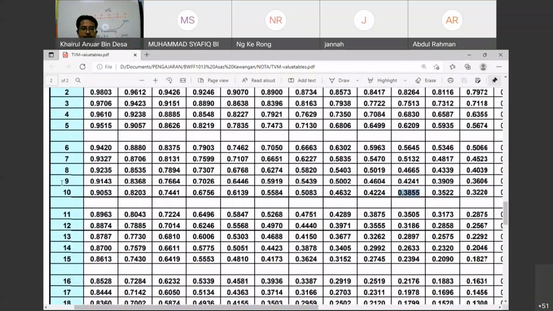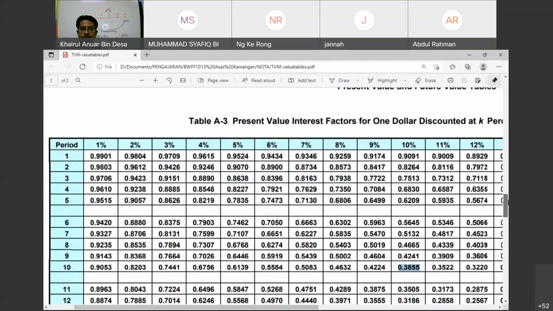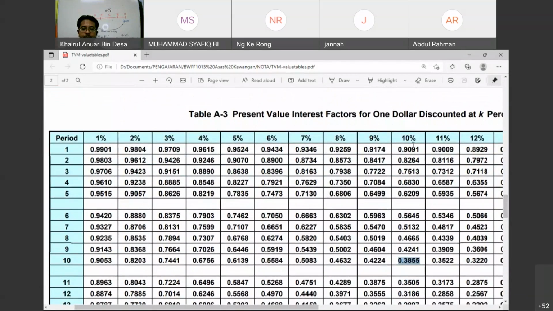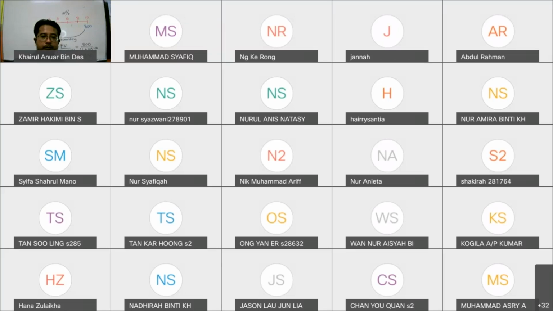Okay, 10 years for 10%, 0.3855. So kita bahagikan dengan 800 ini. So kita akan dapat nilai yang sama.